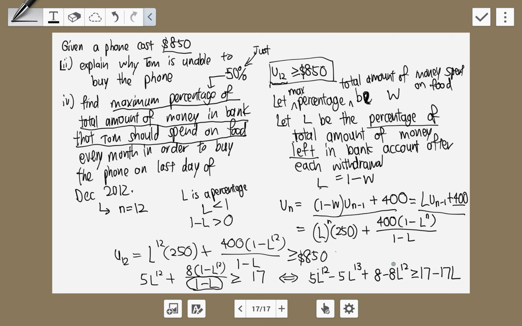So this one I'll simplify. So 5L^12, if I cancel away, so this becomes 5 minus 8, which becomes minus 3.